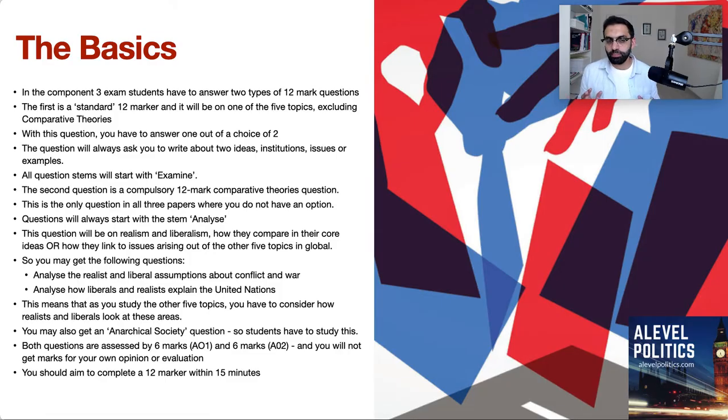You've got to be prepared for a question like that, because it may be that the question isn't about the core principles of realism and liberalism, but how they address those issues. So you've got to study all 5 of your topics, and you've got to consider how realism and liberalism relate to those topics.